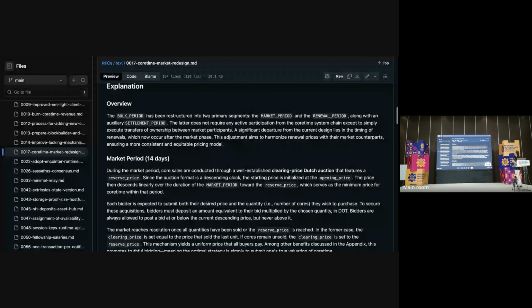The main difference with this new redesigned model is that in the past, the renewals had a very fixed schedule of how the price was adapting. So if you managed to secure a core very cheaply, you were essentially paying 105% if you wanted to renew, and then 105% again.